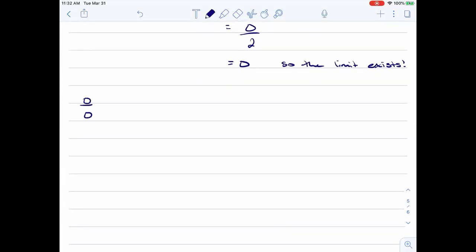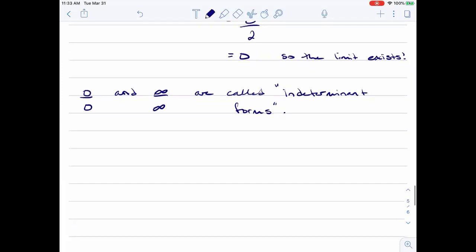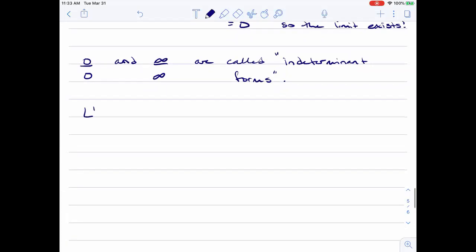So 0 over 0 and infinity over infinity are called indeterminate forms. So in comes L'Hopital's rule.